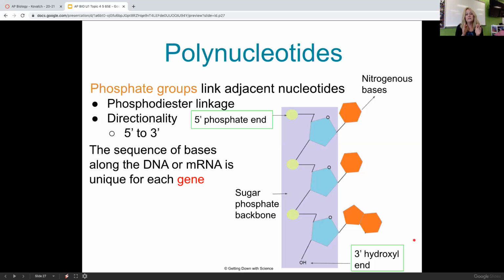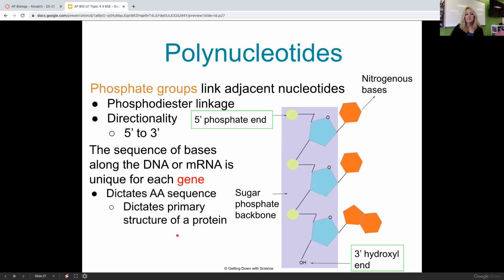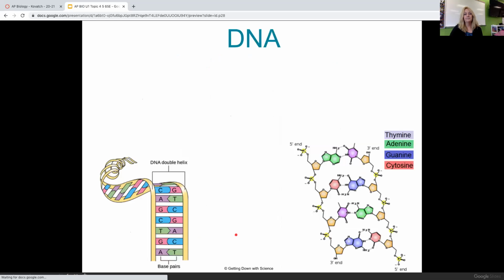The sequence of the bases is unique for each gene because each gene's coding for something different. It does dictate the amino acid sequence. And we just talked about how important that sequence is for making a protein fold into its proper shape. It dictates the 3D structure of a protein.